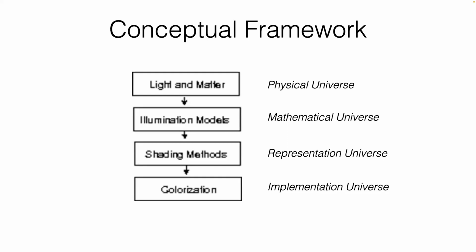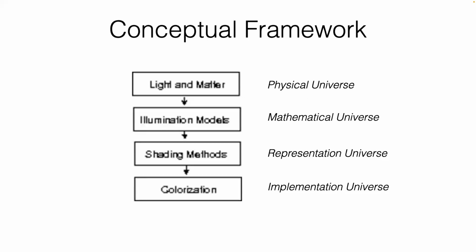So for the subject matter that we are going to discuss today, the concepts are in the physical universe, you have light and matter. And then we need to model this mathematically. So we have illumination models in the mathematical universe. And then to actually apply this as a representation, we need shading methods to put that to use, right?